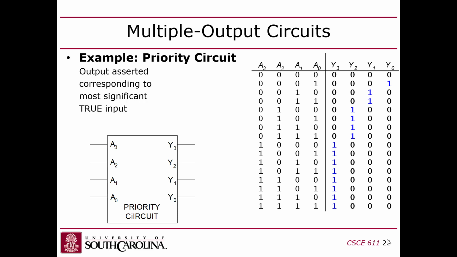So what does this do? I mean, who would ever use something like this? Well, this is actually pretty common. It's a priority circuit. It's like if you have, say, a router, and you have 2 inputs come into your router, and they both want to go to the same output, right? I should say not router, crossbar switch, whatever you want to call it. The idea is you have inputs and outputs, and you want to be able to route the inputs to the outputs.